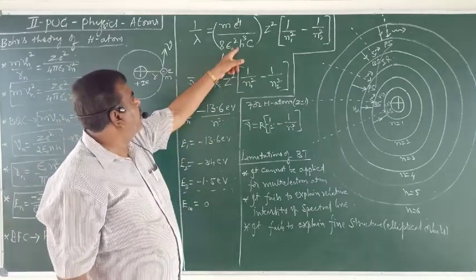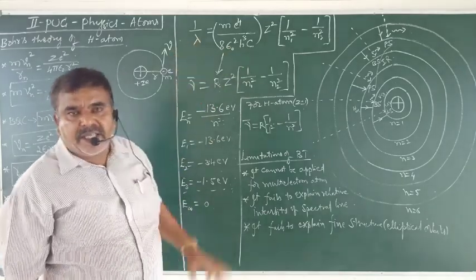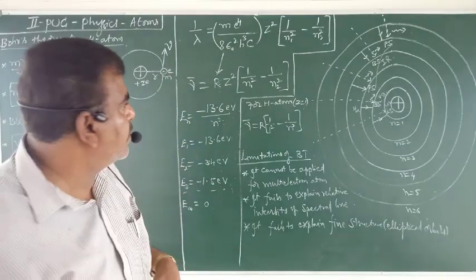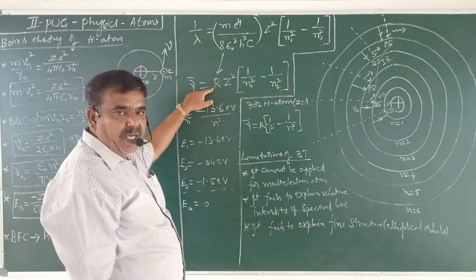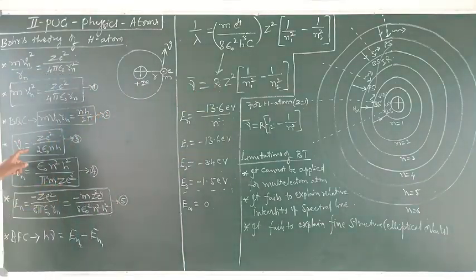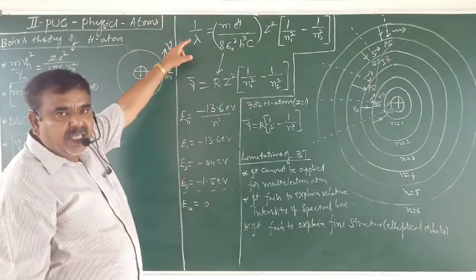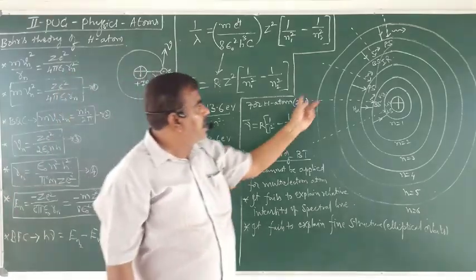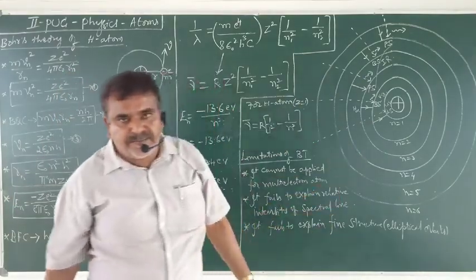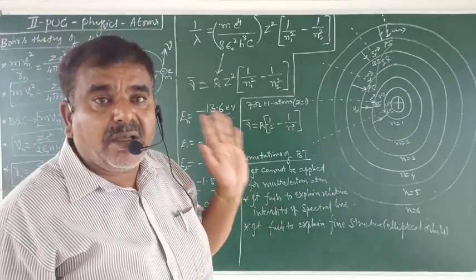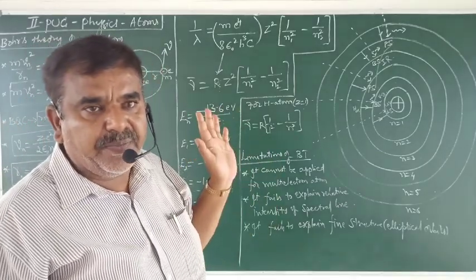The value obtained from this and experimentally are in good agreement. So that is the merit of Bohr's theory. Bohr's theory gives expressions for velocity, radius, energy and frequency, wavelength, wave number, and it explains the different spectral series of the hydrogen atom. These are all the merits of Bohr's theory.